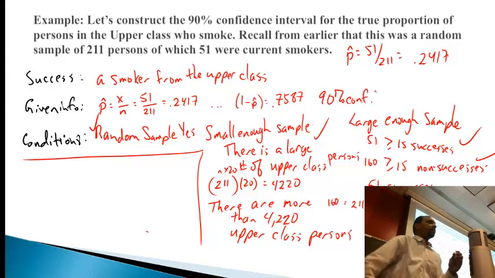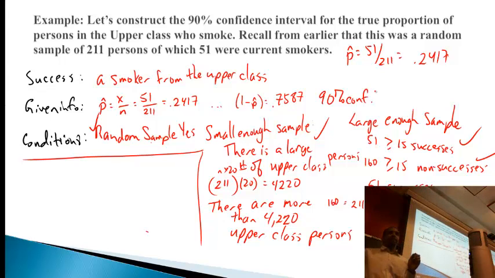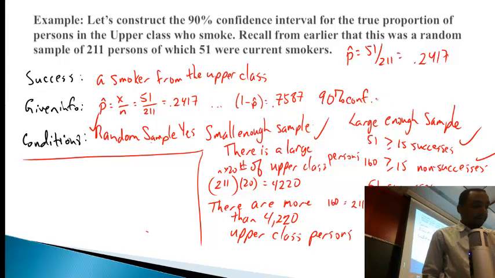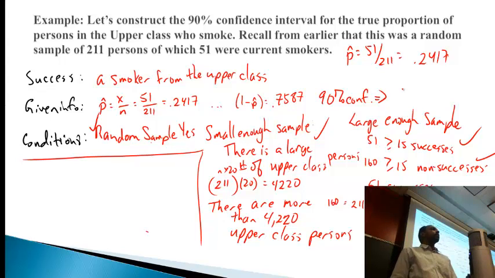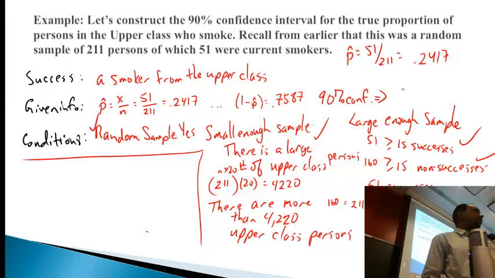Do you guys recall which critical value corresponds to 90% confidence? 1.645. Very good. No, 1.96. Right, so 1.96 is 95%, and then 2.57 and change, and then this 1.645 is 90%.